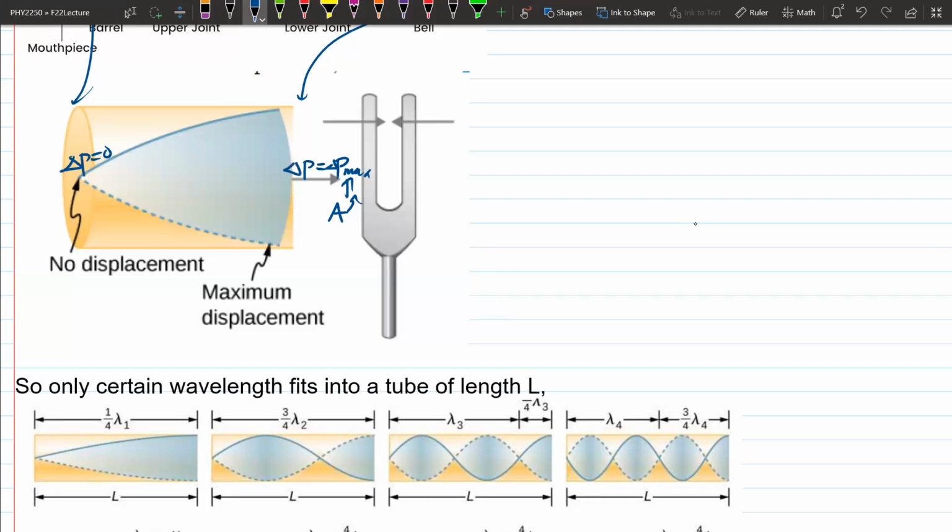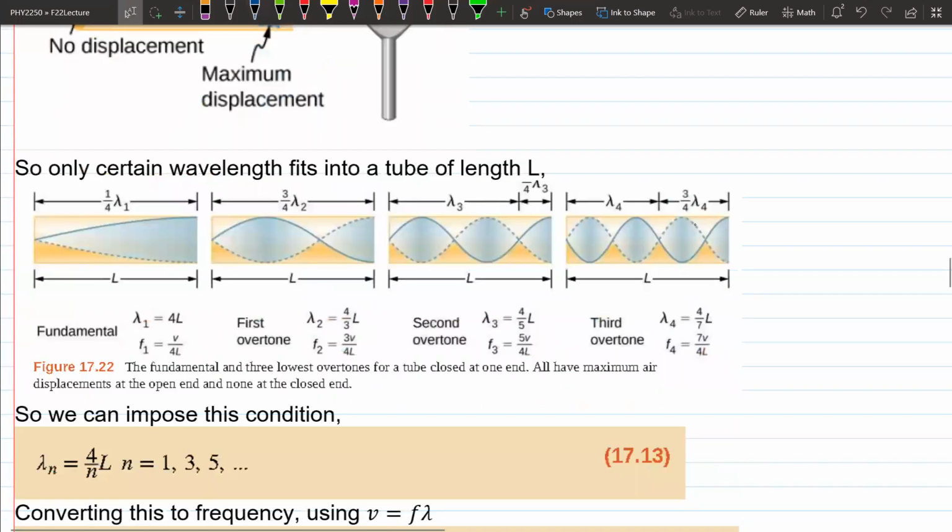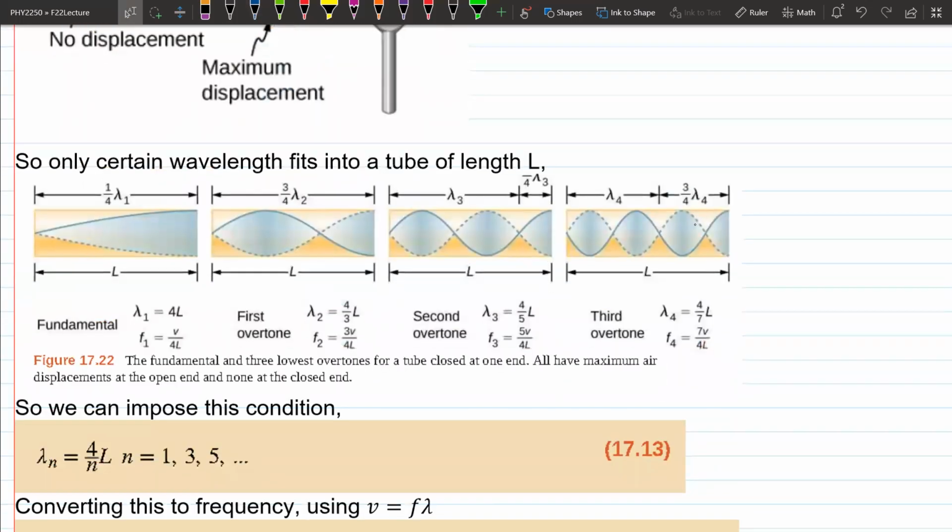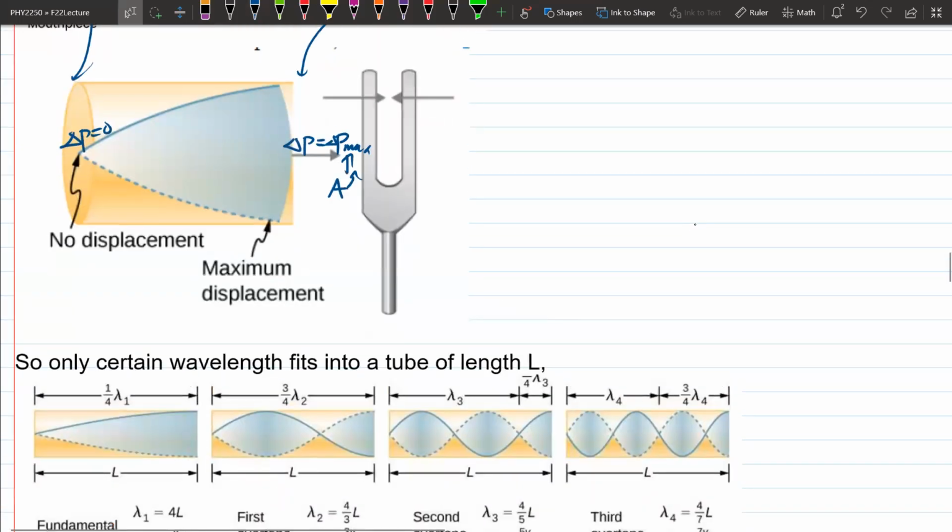Okay, so this sets up a bunch of interesting conditions. If I have a wave like this, let me draw this again. This is the peak of the wave. If I go back down to 0, that's half the wavelength, so this gets to wavelength over 2.